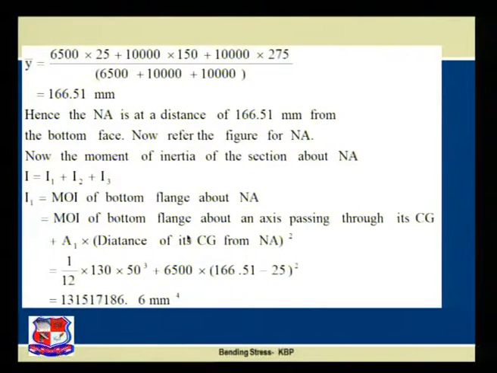To find it, I have to use the parallel axis theorem, that is moment of inertia of the bottom flange about an axis passing through its CG plus A1 into the distance of its CG from the neutral axis squared, Ah square. So 1 by 12 BD cube, 130 into 50 cube, plus 6500 into bracket 166.51 minus 25 squared, and we achieve this value as the value of I1.